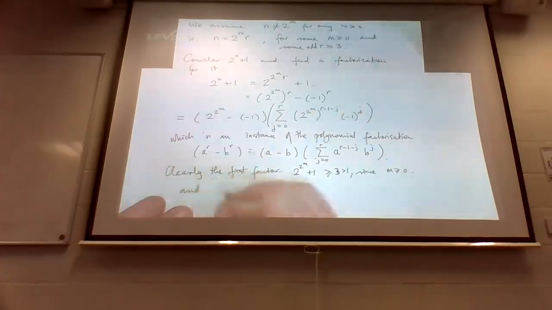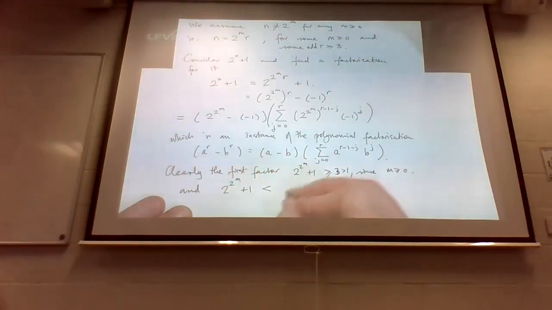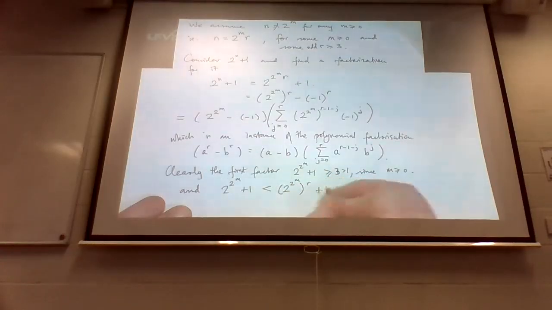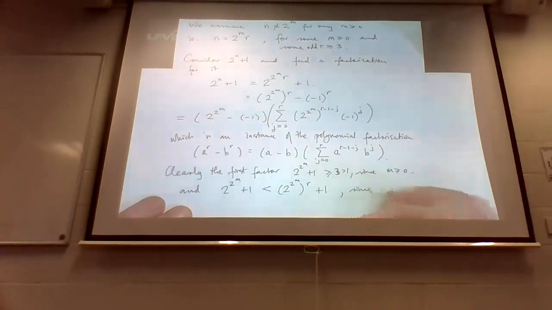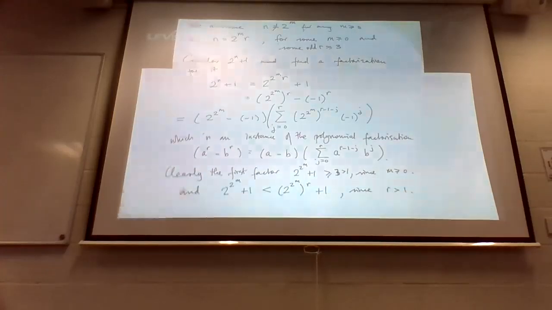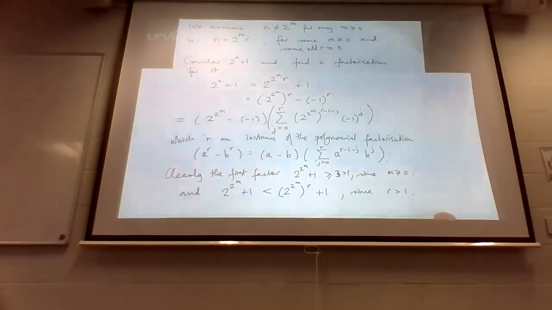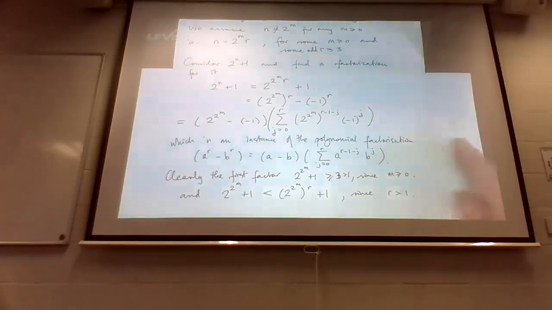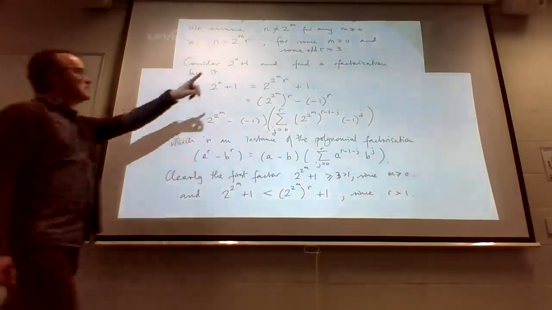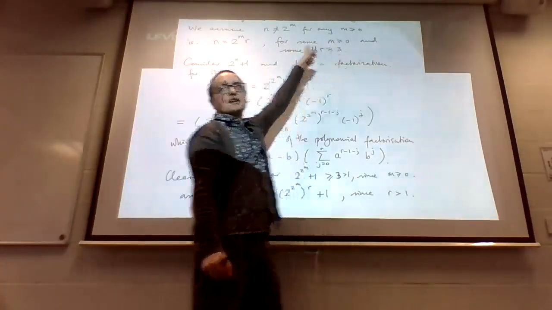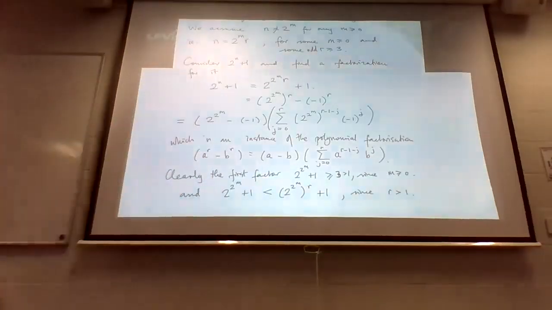And 2 to the 2 to the m plus 1 is strictly less than 2 to the 2 to the m to the r plus 1, since we know r is strictly bigger than 1. Why is r strictly bigger than 1? Because r was an odd number, a non-trivial odd number.